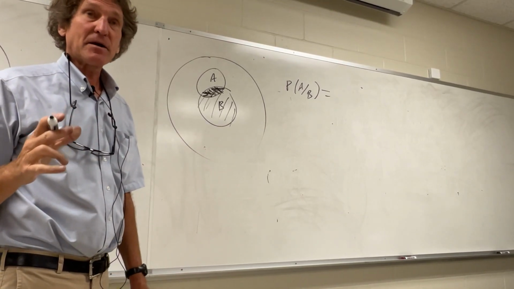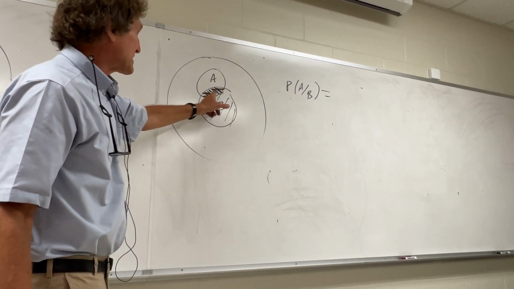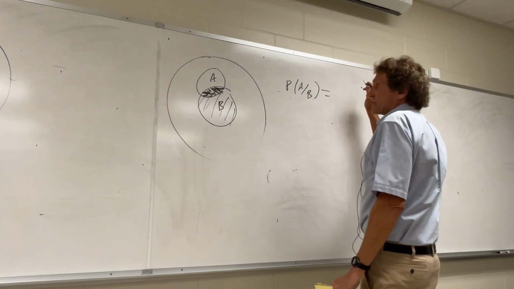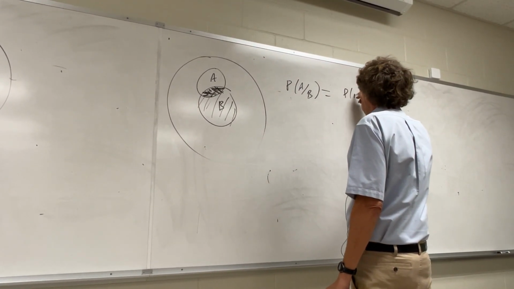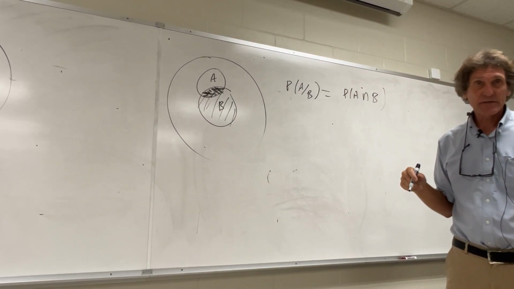If they give you B occurs, it's somewhere in here. Now, what's the ratio of that sliver? Take a look at that. Isn't that really the probability of A intersect B? If you take a look, does that make sense?